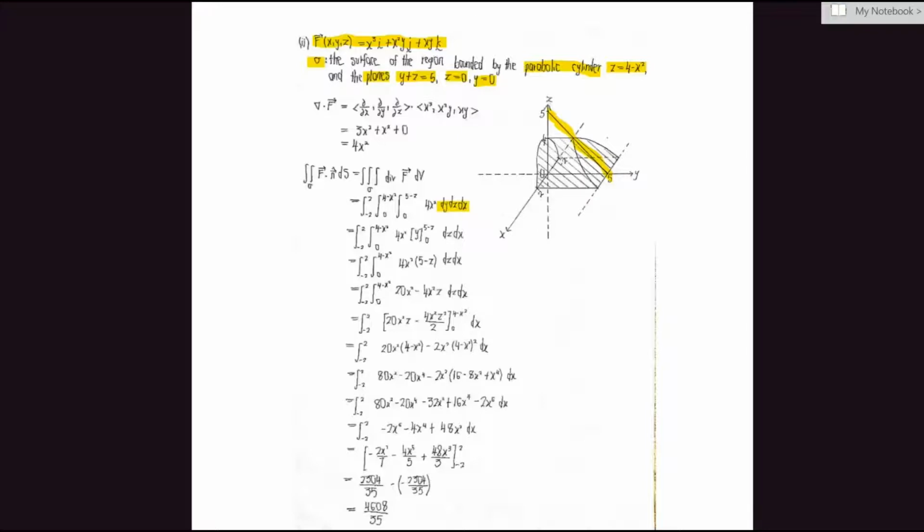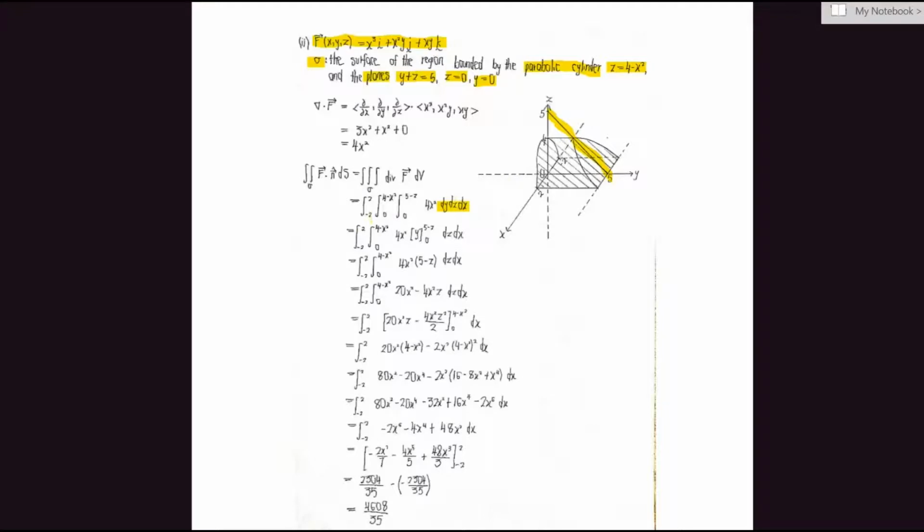So the limit for y is 0 to 5 minus z, which is 0 to the plane y plus z equal to 5. For the limit of z, it is 0 to 4 minus x squared, so 0 until the parabolic cylinder equation z equal to 4 minus x squared.